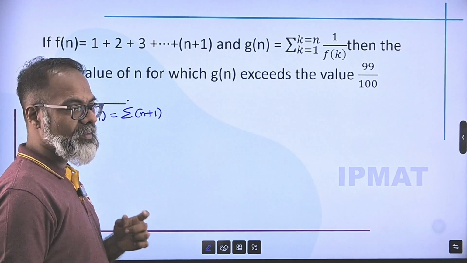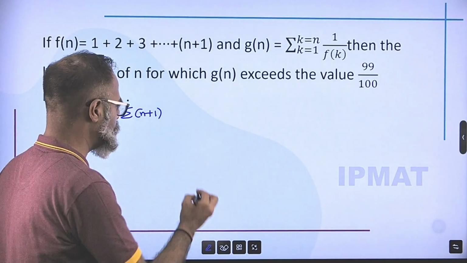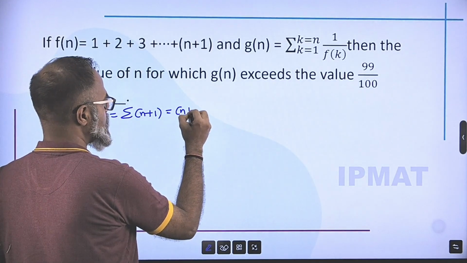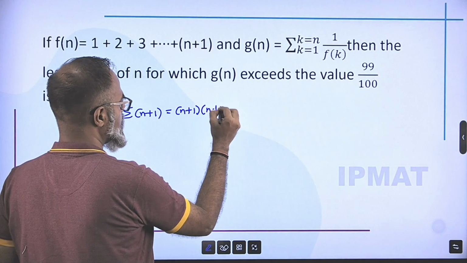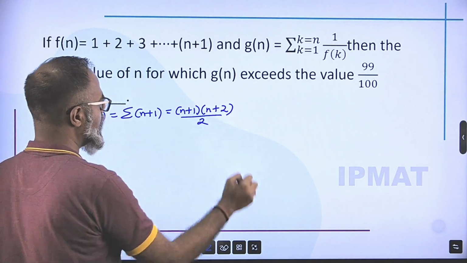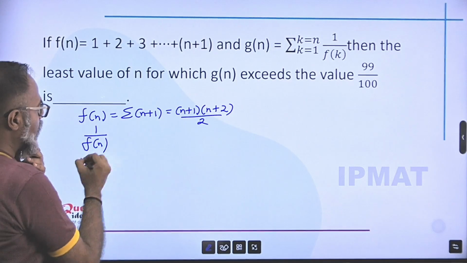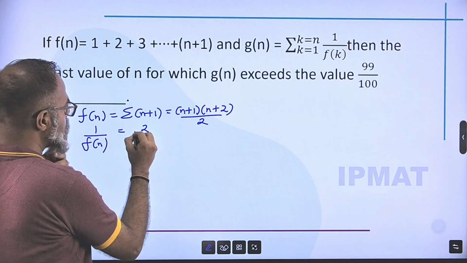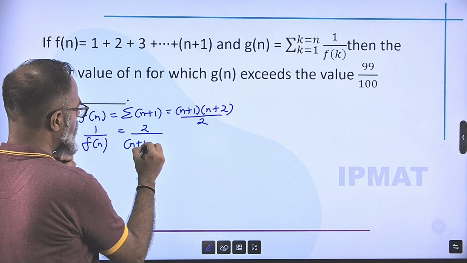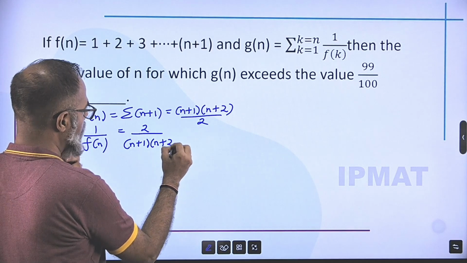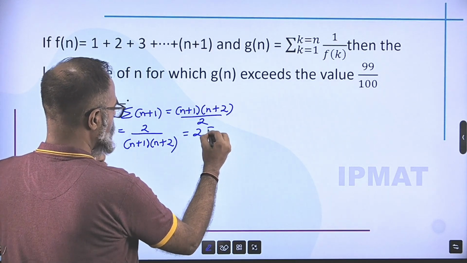Now if you remember, sigma n is n into n plus 1 divided by 2. So this is n plus 1 into n plus 1 plus 1, that is n plus 2, divided by 2. So 1 upon f of n can be written as 2 upon n plus 1 into n plus 2. I take the 2 out.